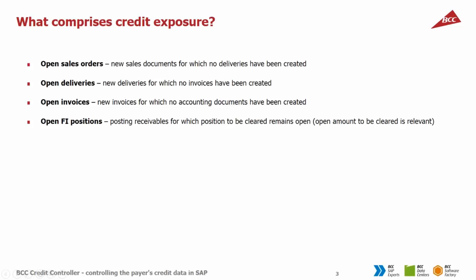The fourth element is the open positions in the finance module, open settlements on the debit side, which come from manual postings from the finance side, or accounting documents created for sales invoices. These are the positions for which the sales and distribution process has ended, but we are expecting to register the payment of our business partner.